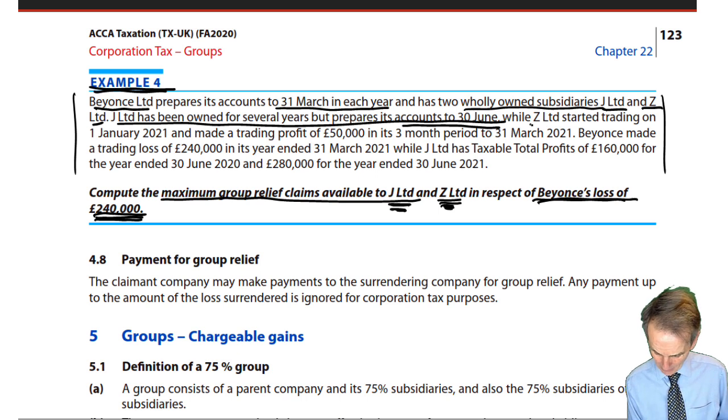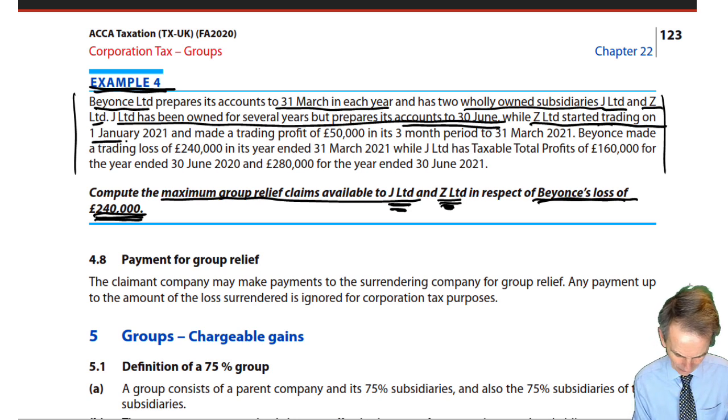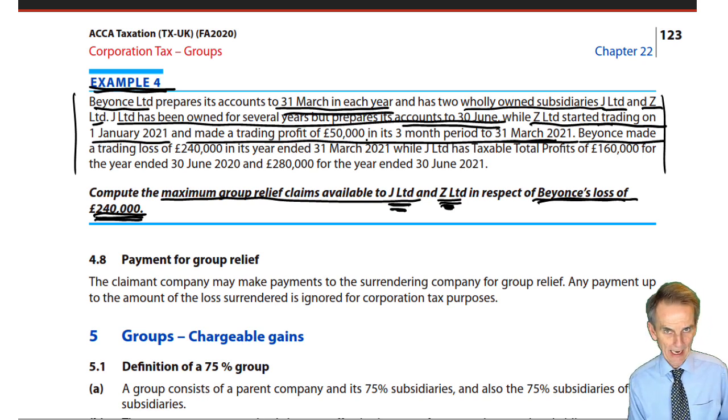With Z Limited, Z Limited started trading on the 1st of January 21 and made a trading profit of £50,000 in its 3 months to March 21. Beyoncé, remember, also prepares accounts to 31st of March, so they've both got the same accounting period end date.